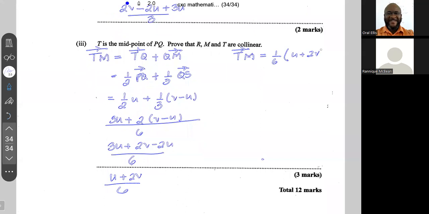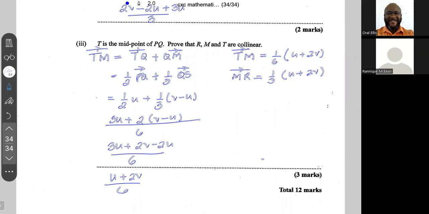And we know that MR is 1/3 of U plus 2V. All right. So if you look carefully, you see that the section U plus 2V is the same for both vectors.